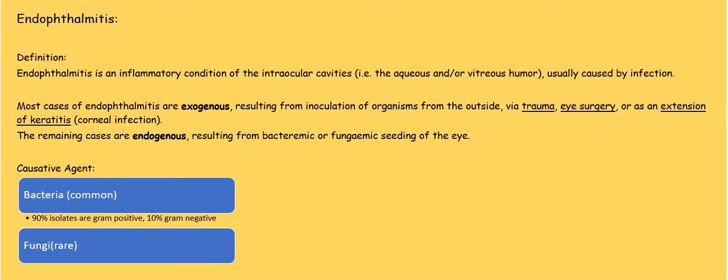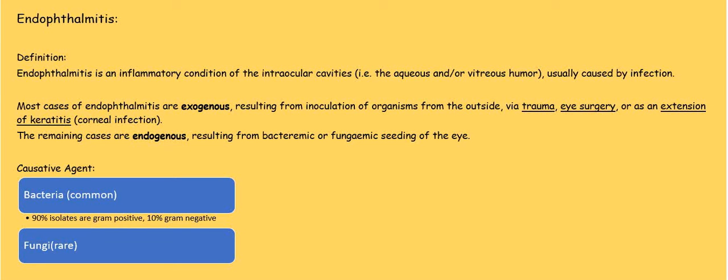or the vitreous humor, and this is normally caused by infection, although there are certain cases of sterile endophthalmitis too. The thing to understand is that the majority of cases of endophthalmitis are exogenous, and what this means is that in most cases the inoculation of the organism happens from the outside, either via trauma, via cataract surgery or other forms of eye surgery, or via extension of keratitis, which is an infection of the cornea.